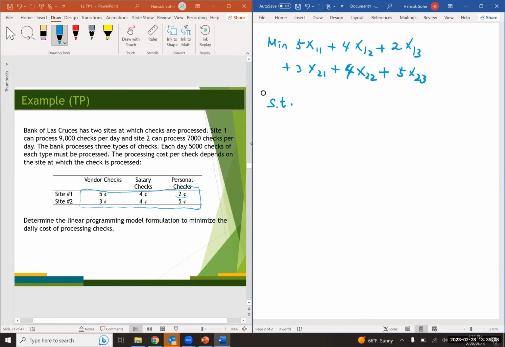And then how do we get the supply constraint in this case? Because in our example, we're going to use these 2 processing centers as the sources. And there are 3 different check types to be the destinations.